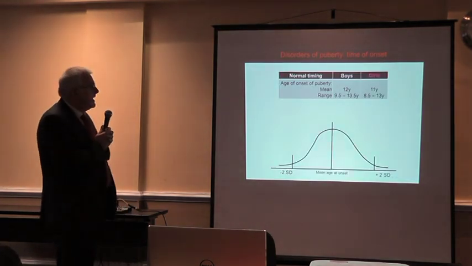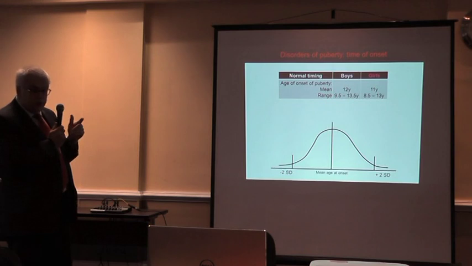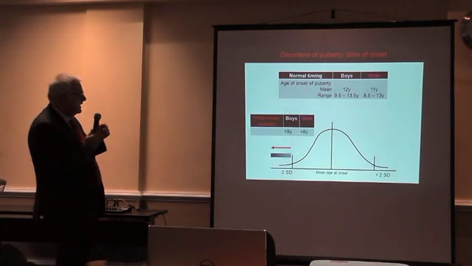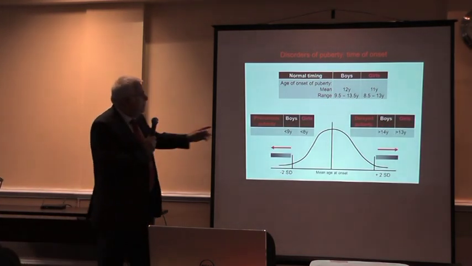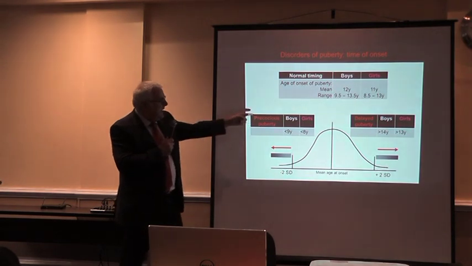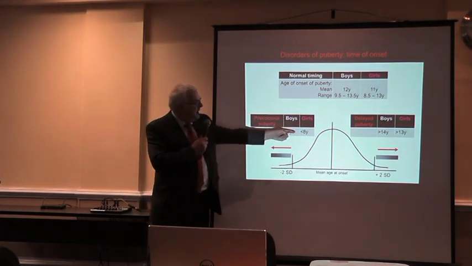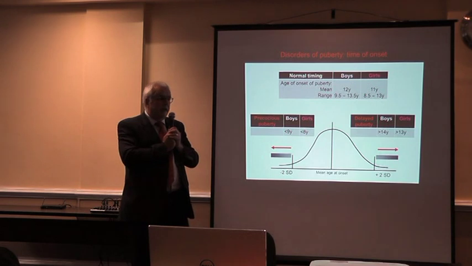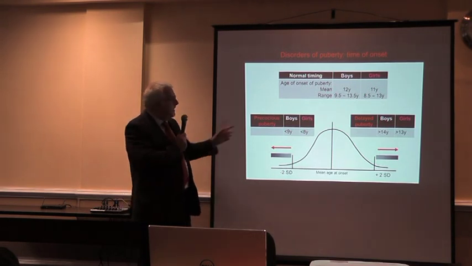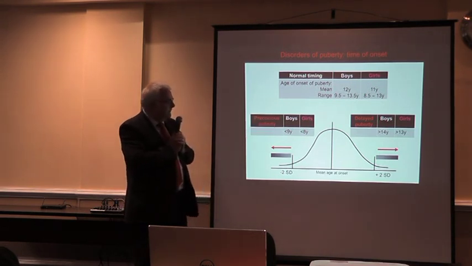Lovely. And if we just go back to our normal distribution, just click again and click again. Precocious puberty in a girl is defined as signs of puberty before the age of 8, and in a boy before the age of 9.